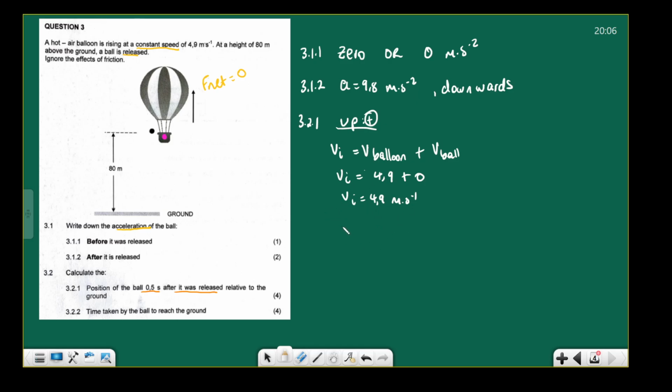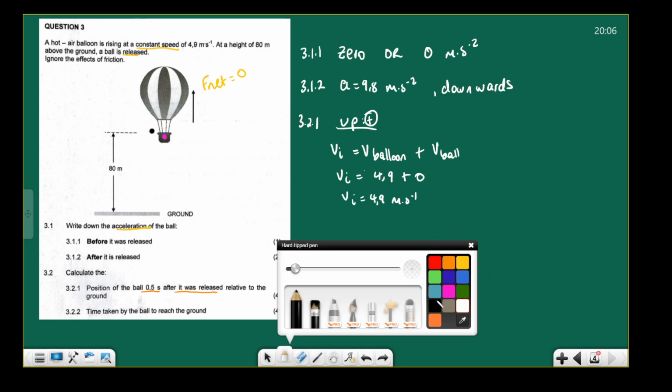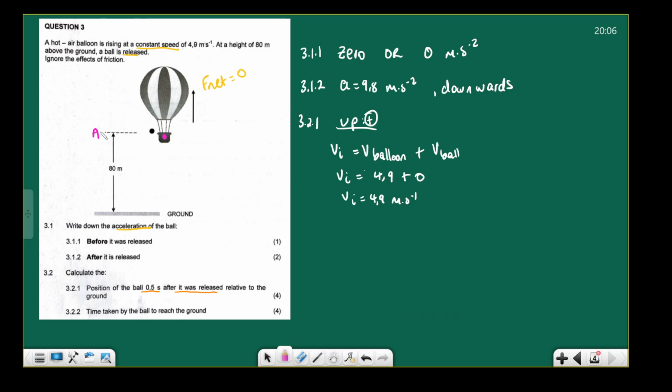Then from there we can get the position relative to the ground. So 0,5 seconds, we do have the time. The motion we're looking at is from here, where velocity is 0, to somewhere in the middle, which I can call B, where the time from A to B was 0,5 seconds.